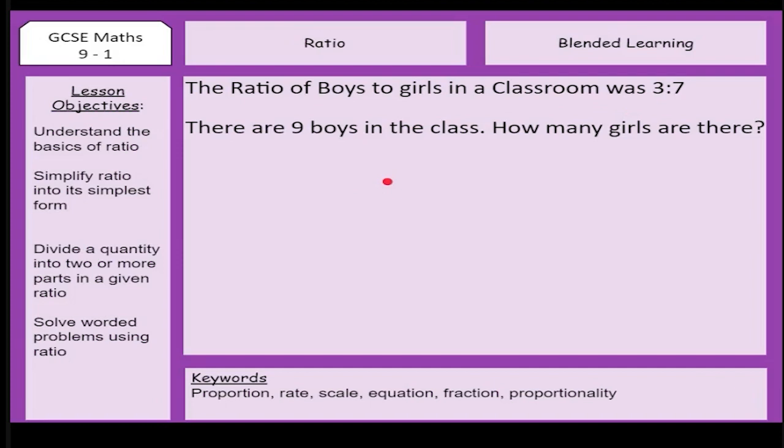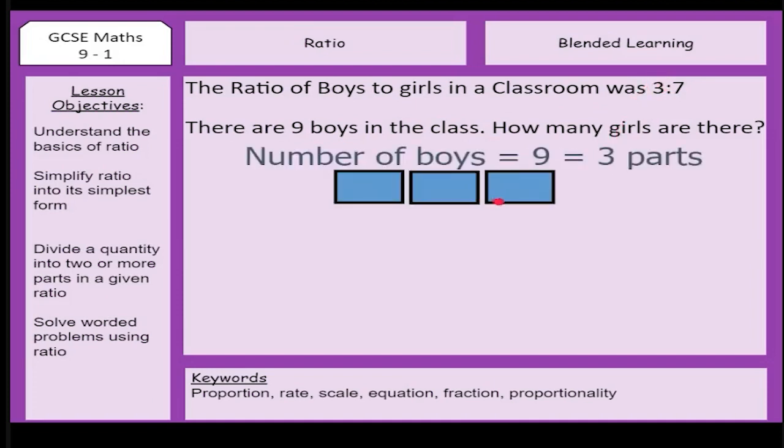I want to know what 1 part equals. So I do 9 divided by 3. 9 divided by 3 is 3. 3, 6, 9. So I know that 1 part is 3.